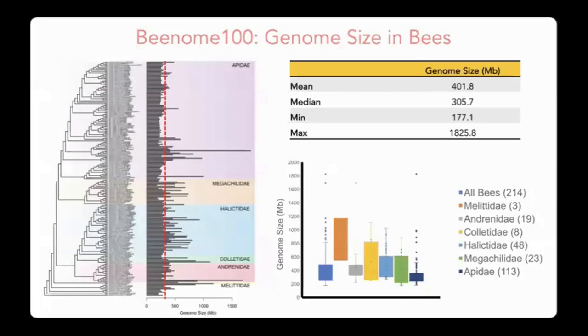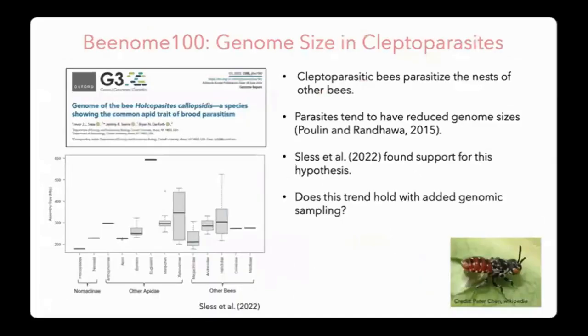For the most part, bee genome size seems to be consistent across families, although the Melittidae, shown in orange in the bottom right graph, potentially have significantly larger genomes. The only issue is we don't have very many melittid genomes sequenced yet.